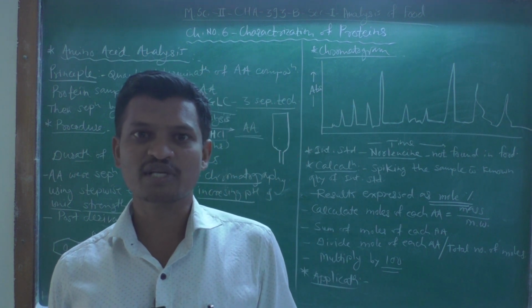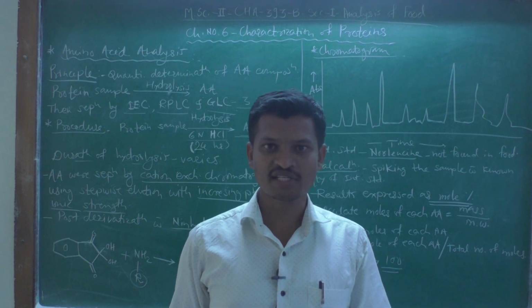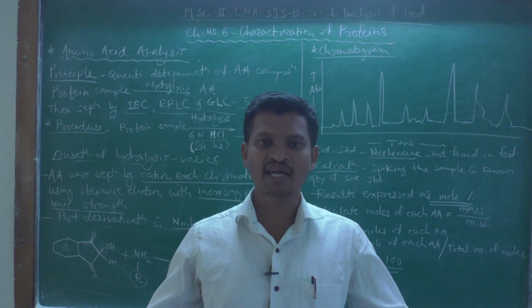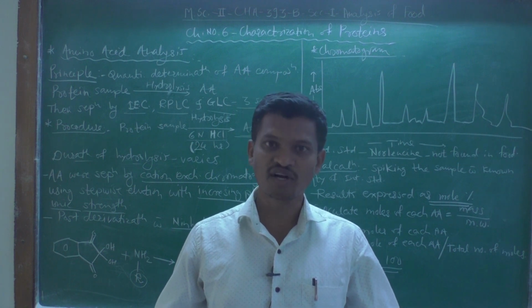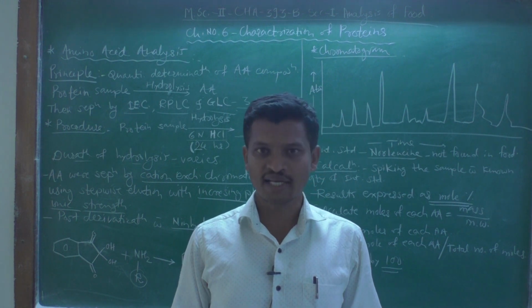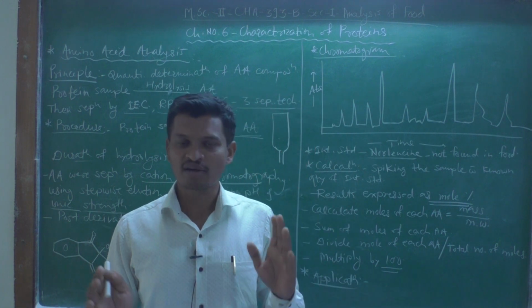If a food sample has a protein made up of 10 amino acids, then we have 10 fractions of 10 different amino acids. So by using cation exchange chromatography we have separated the amino acids present in that food sample.